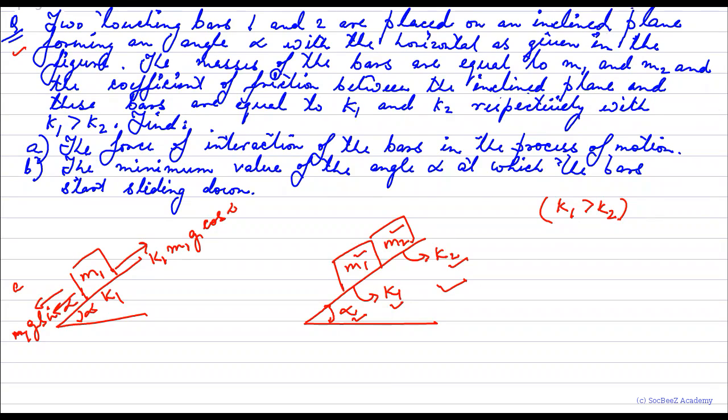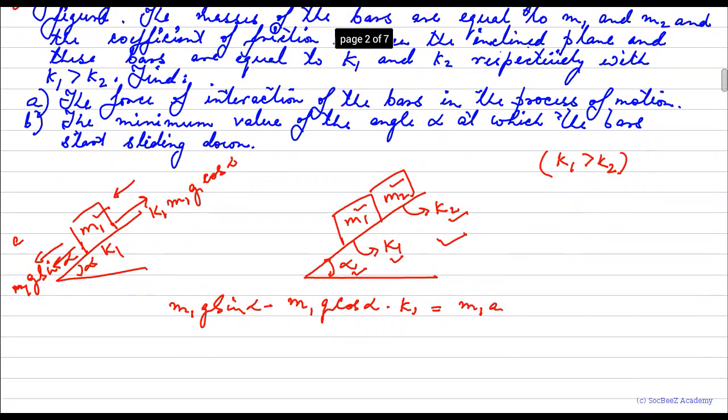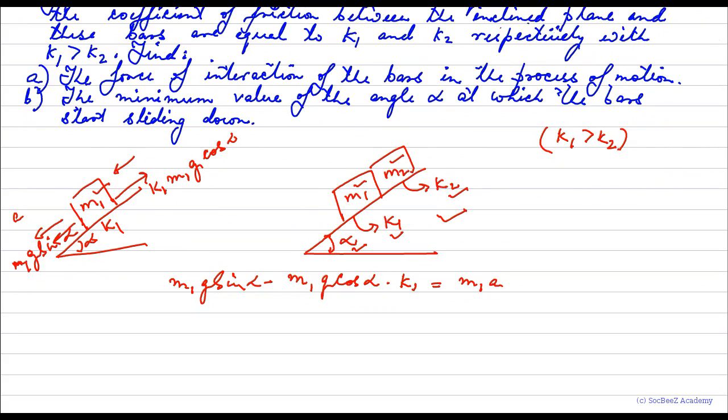The equation of motion in this direction for the bar of mass m1 would be m1 g sine alpha minus m1 g cos alpha times k1 equals m1 a, which gives me the magnitude of acceleration of mass m1 as g sine alpha minus k1 g cos alpha.